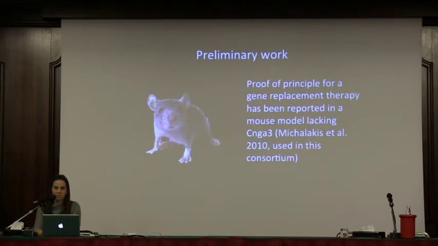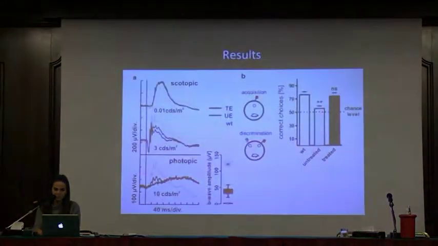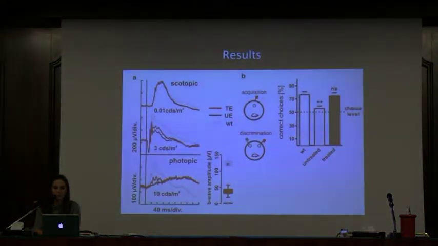And we do see some very positive results which give us the hope that we can move on to a human trial and that we can restore or improve the function of the cones, which are still there in the retina but just not working.